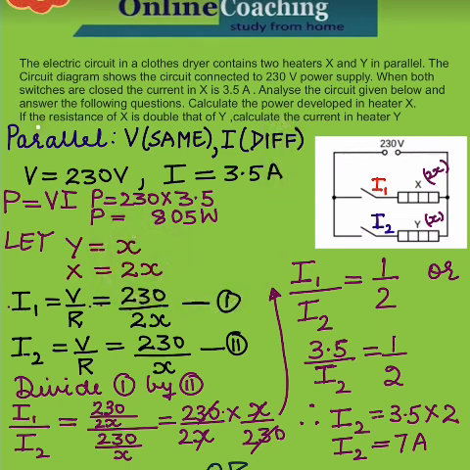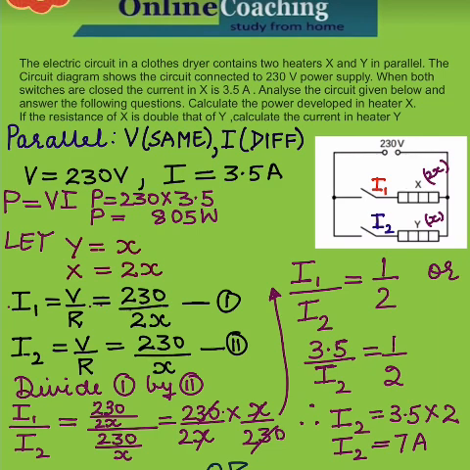See over here, check again. If the resistance of X is double that of Y, that means if Y resistance is X, then X resistance will be 2X. I'm repeating this because students do the opposite over here, so I am giving more emphasis.